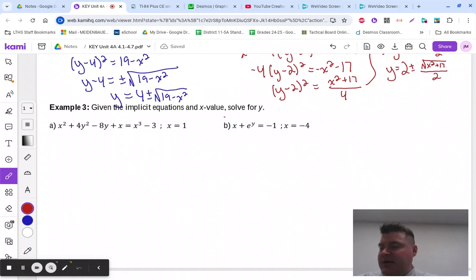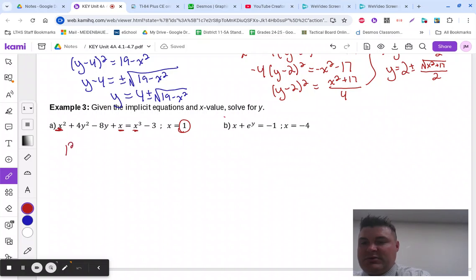All right, last part here. Given the implicit equations in x value, solve for y. So I'm going to substitute in a 1 into x right there, and right there. So these all become 1s.